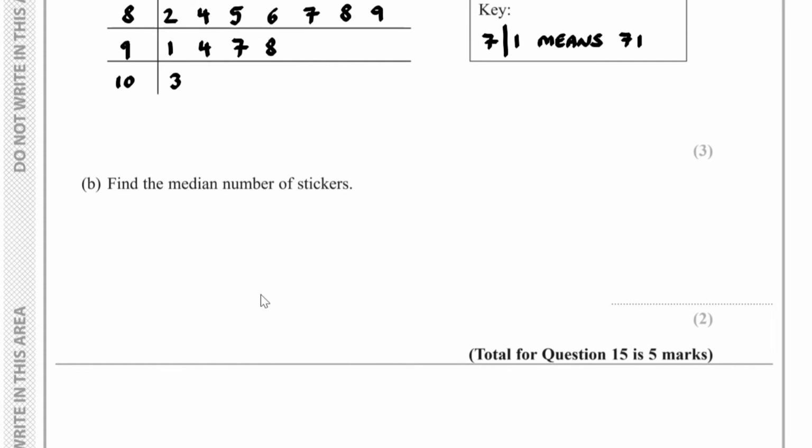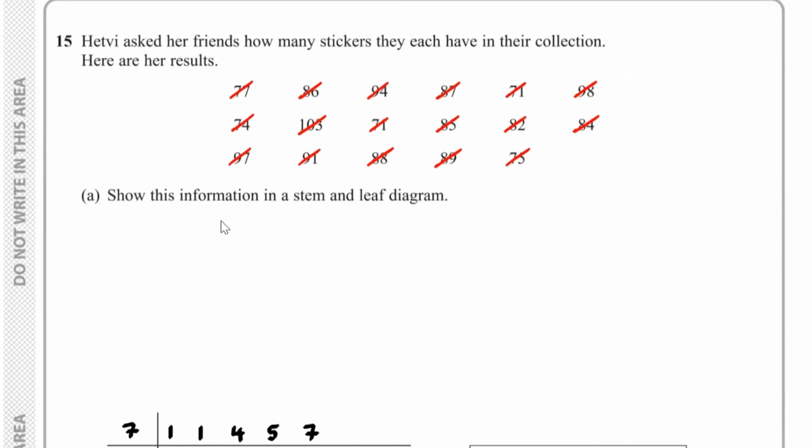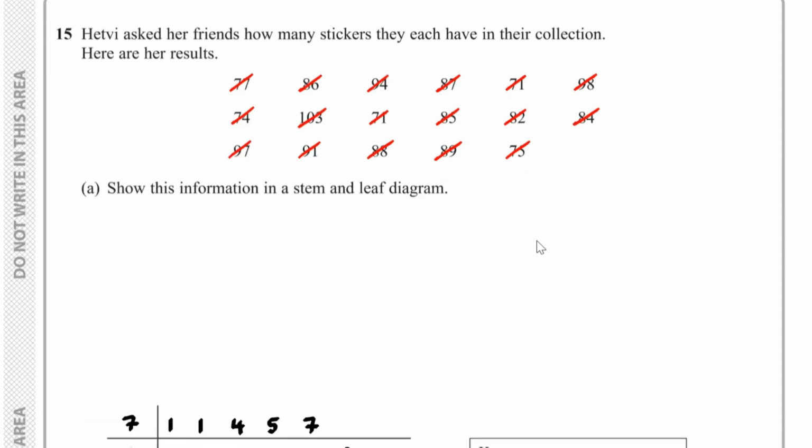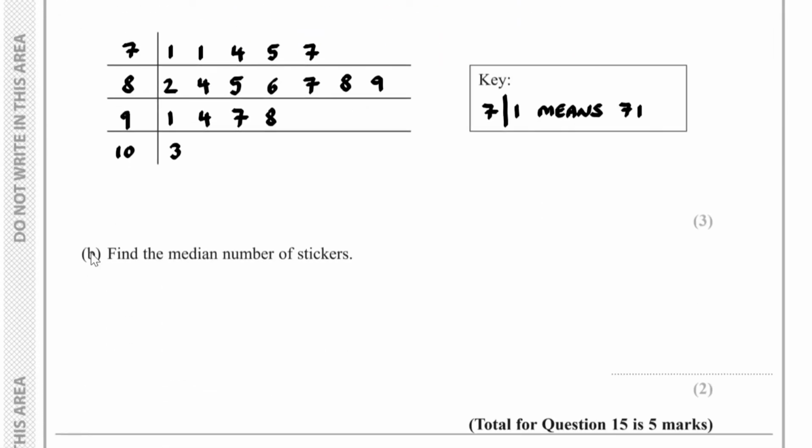We now want to find out the median. Well, how many numbers do we have in total? We've got 1, 2, 3, 4, 5, 6, 12, 13, 14, 15, 16, 17 numbers. So, if we have 17 numbers altogether, to find out the median, that means if I do 17 plus 1 divided by 2, I get the 9th number, which I need to find.